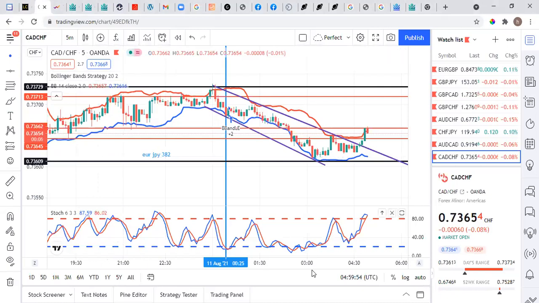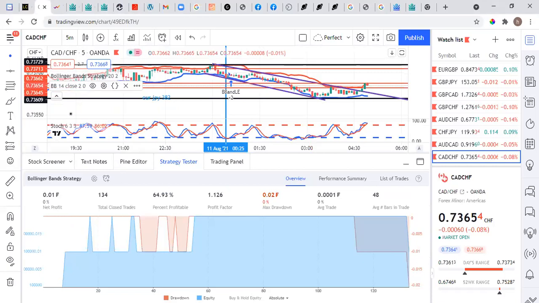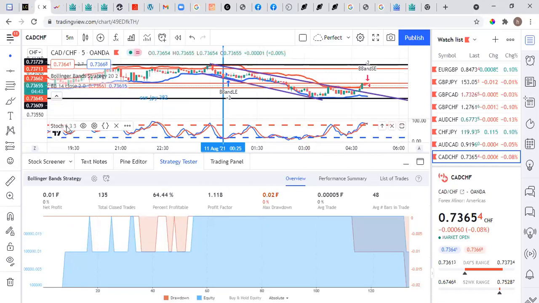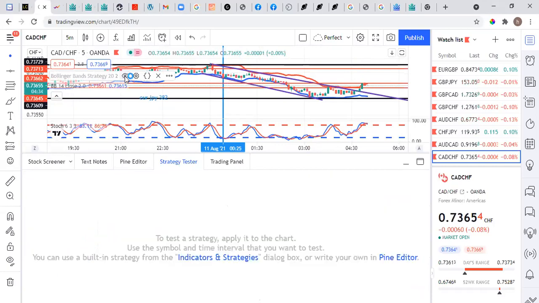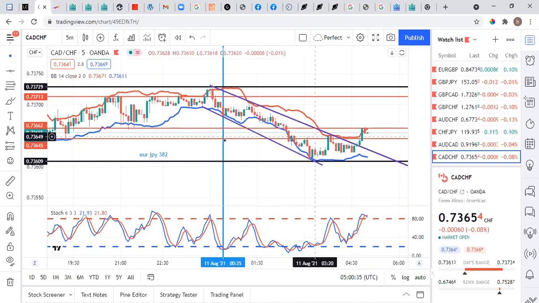Okay, I added the Bollinger Band twice. Oh, this is it. You can see these are the indicators I added, then the stochastic. You can click set to remove it. You can hide and unhide, but if you want to remove it totally, just click remove. So that has gone, and now I can add one more.